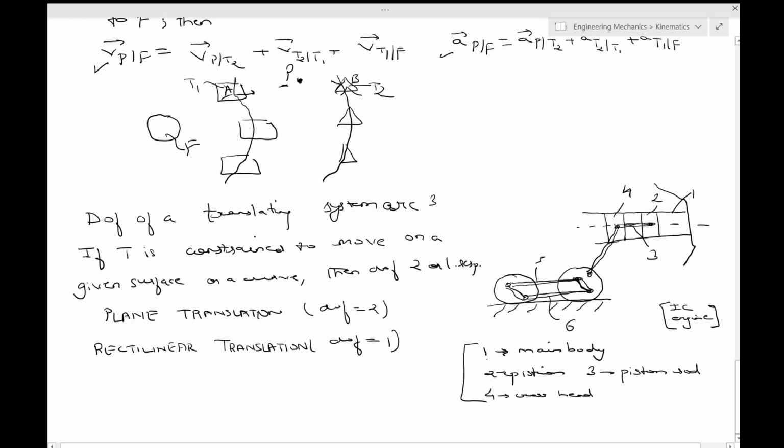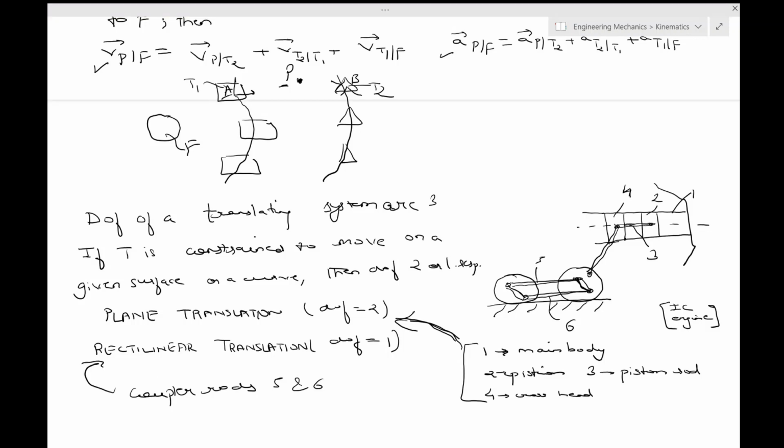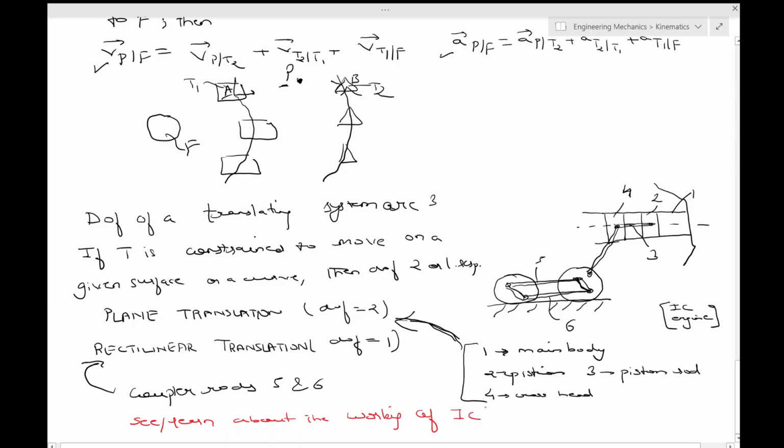This will be a plane translation, and the coupler rods 5 and 6 will have a rectilinear translation. So you should see and learn about the working of IC engine. IC is internal combustion.